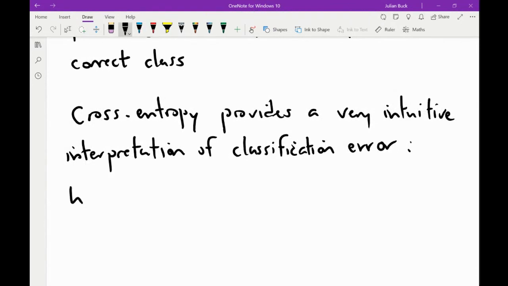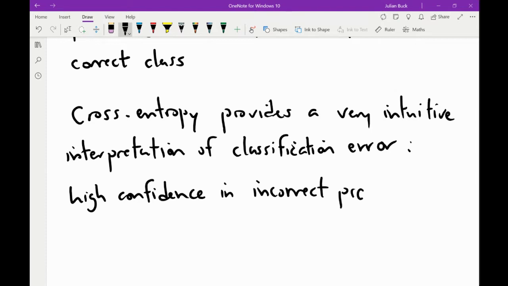Specifically, high confidence in incorrect predictions is bad.